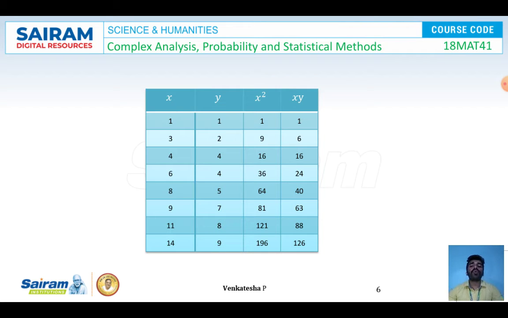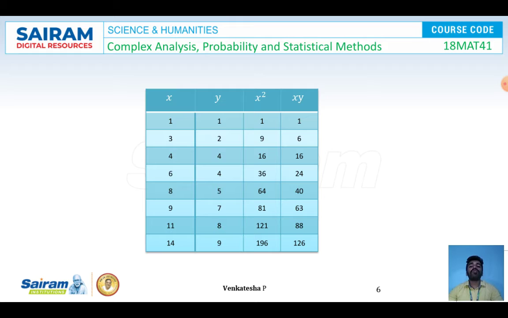Now I am going to square all the x values to compute x square: 1, 9, 16, 36, 64, 81, 121, 196. Multiplying x into y, I got 1, 6, 16, 24, 40, 63, 88 and 126.